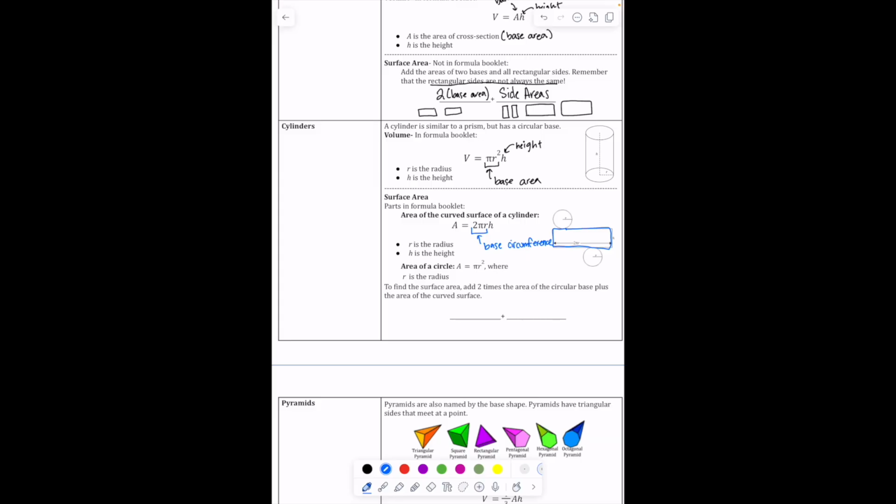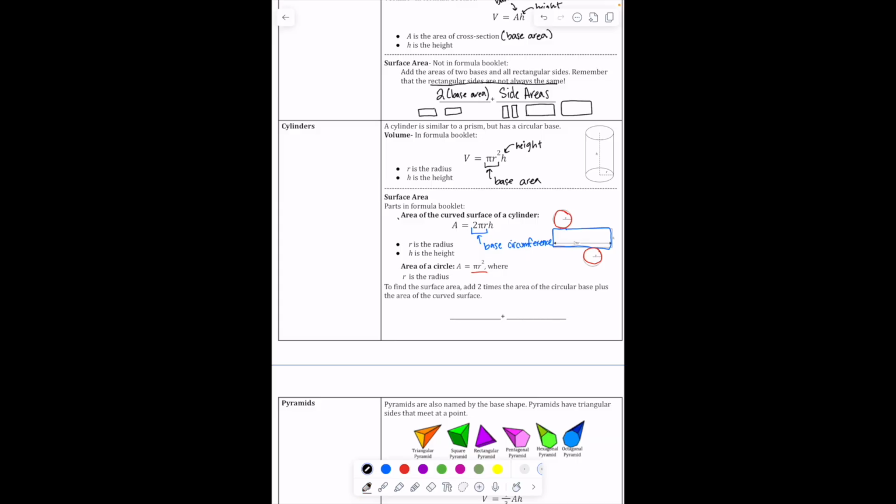And then the other parts of the surface area will just be the circles that are the bases. So pi r squared would get us the area of those. And so similarly, you'll need to connect the pieces yourself. It won't be written all out in the formula packet.